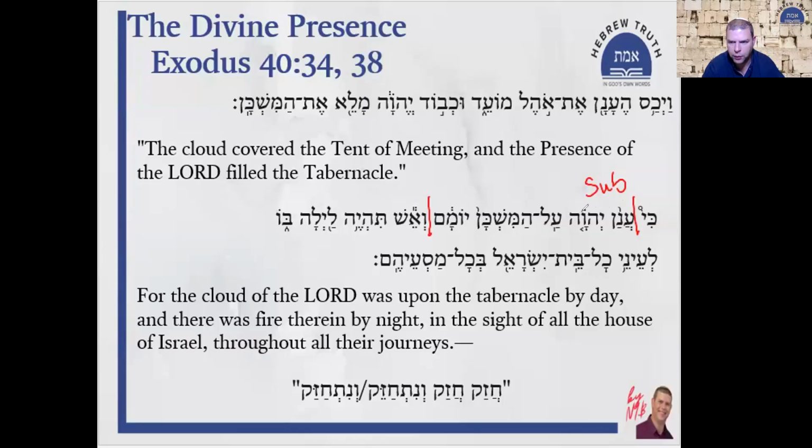The cloud of the Lord was, we don't have "was" in Hebrew, we don't need that. We have the preposition al hamishkan, over the tabernacle. Yomam has the adverbial ending that tells us daily, during the day. In English, daily would kind of be distributed each day, but here it means during the day.